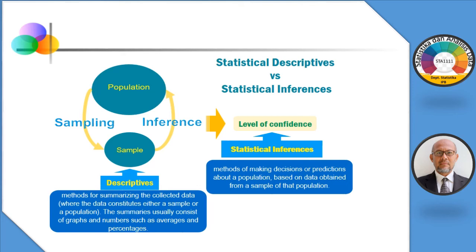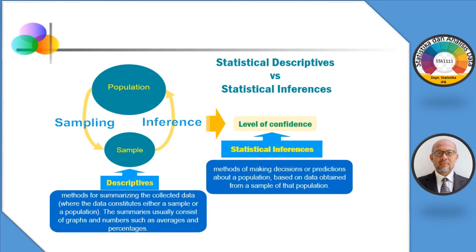But sometimes you have to use inferential statistics. For what? To estimate parameters that you don't know. So in the estimation of parameters, you will have a level of confidence. This is a part of statistical inference.